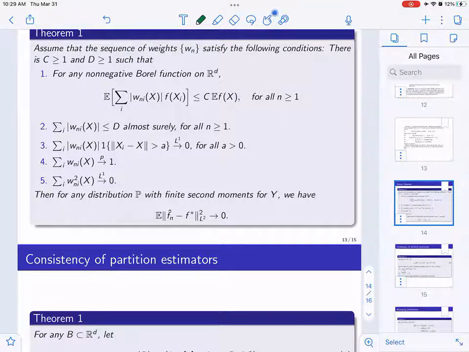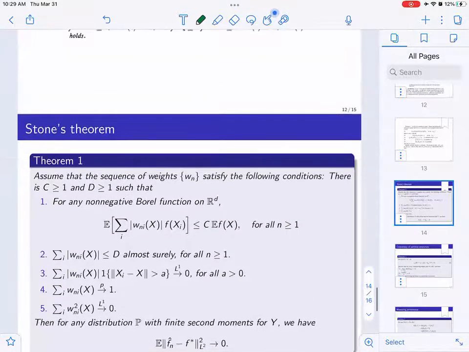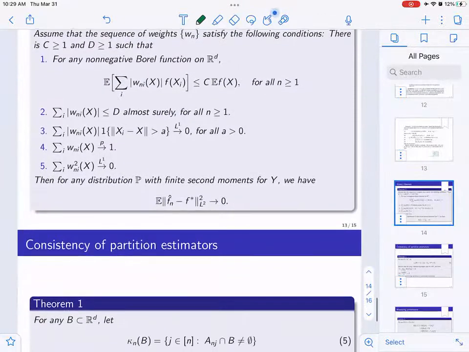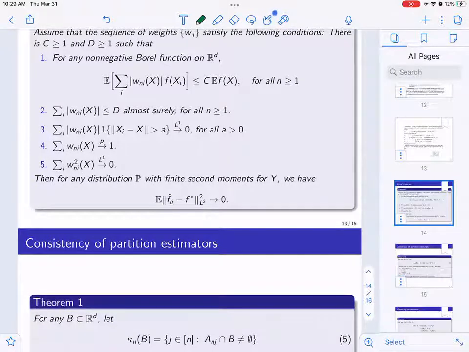If your domain is 0 to 1, like on the cube, and I restrict myself to all the functions living there, and the regression function is continuous, I don't need this condition. However, the universality allows you to have wildly different functions, as long as they're in L2; there could be discontinuities and things like that. So this takes care of it easily, and hopefully you'll see it in the proof.